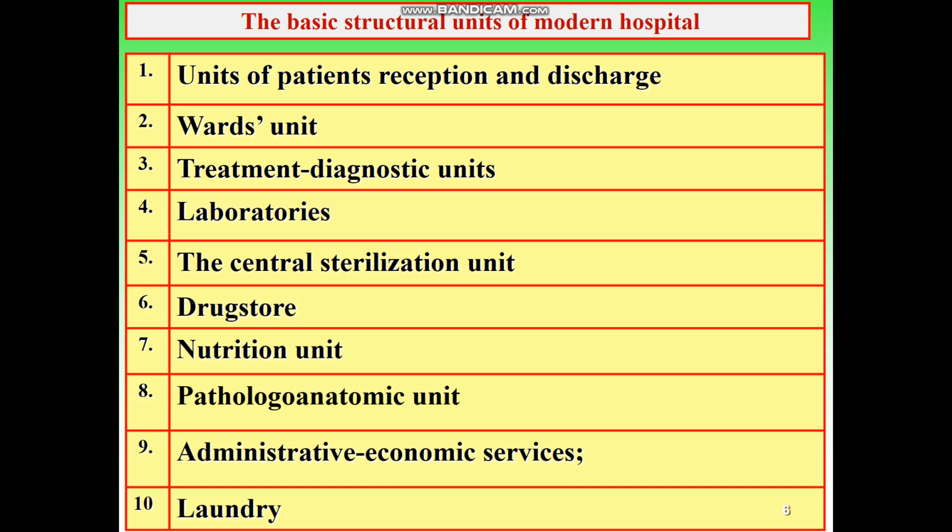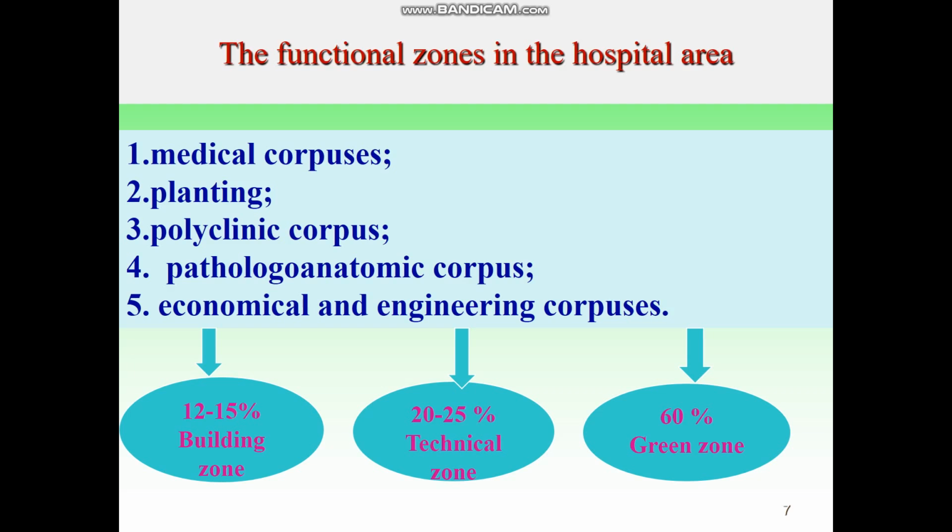The distance between factory and hospital depends on the type of pollution and its toxicity, and takes into consideration the direction of the winds in that area, if it is an industrial area.